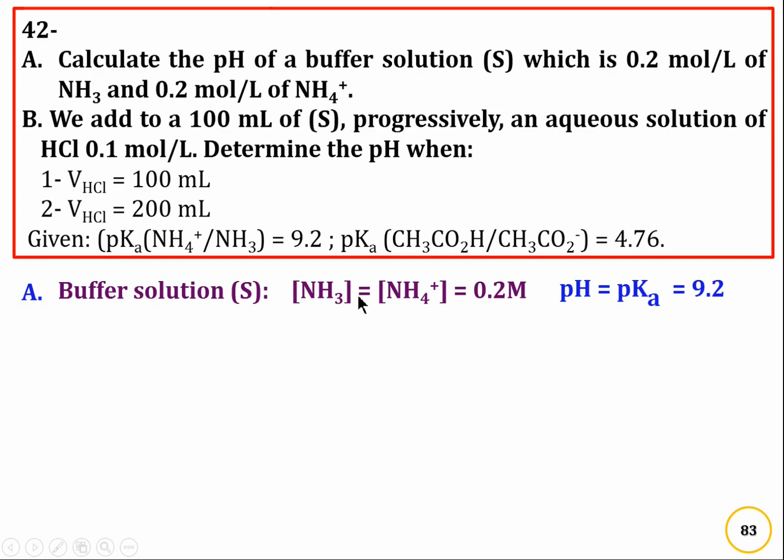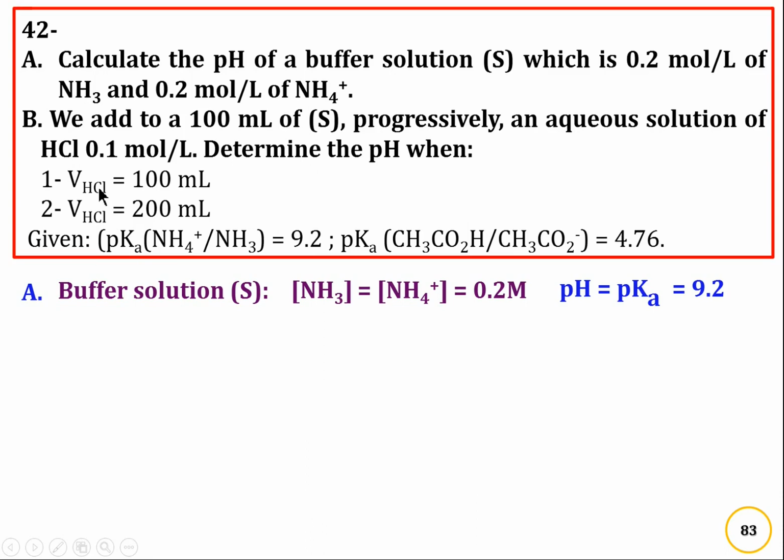The acid and the base are of weak behavior, so the concentrations at equilibrium are the initial concentrations. Therefore, pH equal pKa equal 9.2. We add to this buffer solution HCl 0.1 mole per liter. Determine the pH when the volume of HCl added is 100 ml.